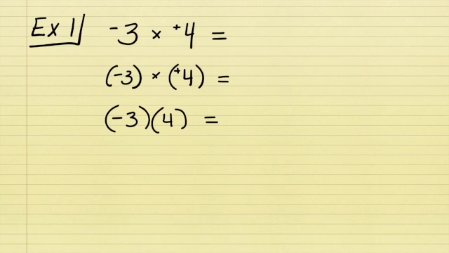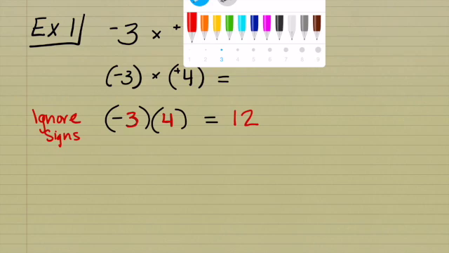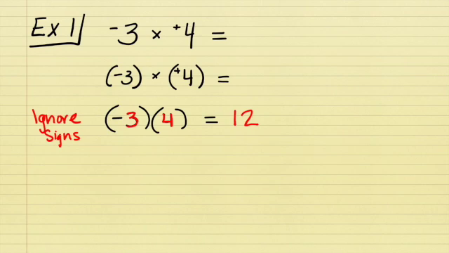Okay, so here's what you do. You first just do the numbers. Ignore the signs. And just do the numbers. So do 3 times 4, which we know is 12. Then go back and look at the signs.